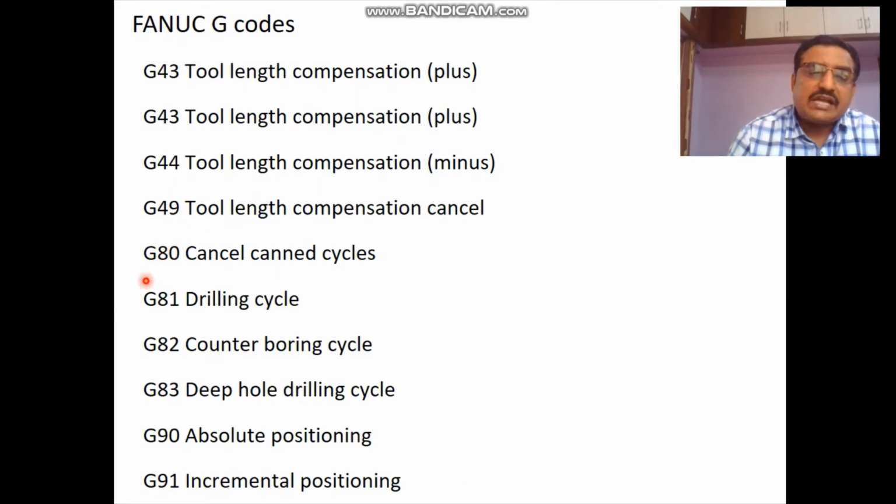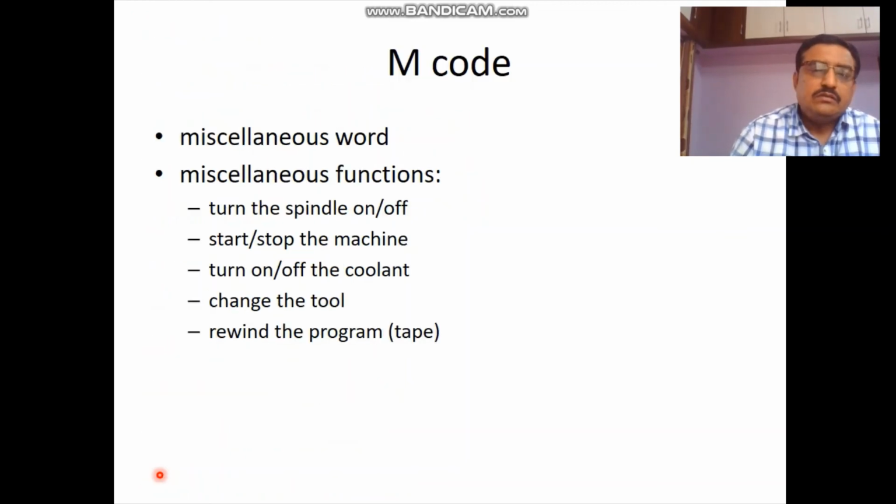To cancel a canned cycle, G80. These are some drilling canned cycles: G81, G82 and G83. If somebody uses the absolute programming method, use code G90. Otherwise, for the incremental method of programming, use code G91. At the initial part of the program, you have to use G90 or G91, any one method of programming.